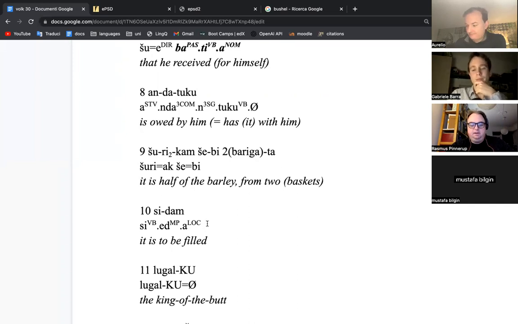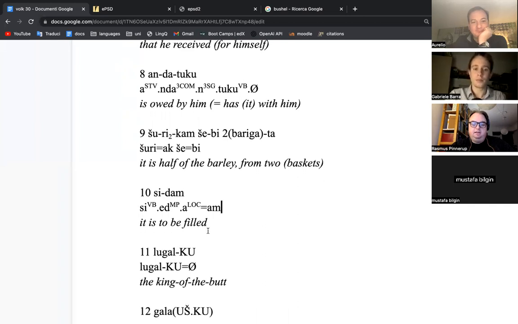Right. It could be either. So to be filled in filling, and then at the end the M signifies the copula. So it is to be filled, presumably from the two baskets. Makes sense. No, thank you very much.